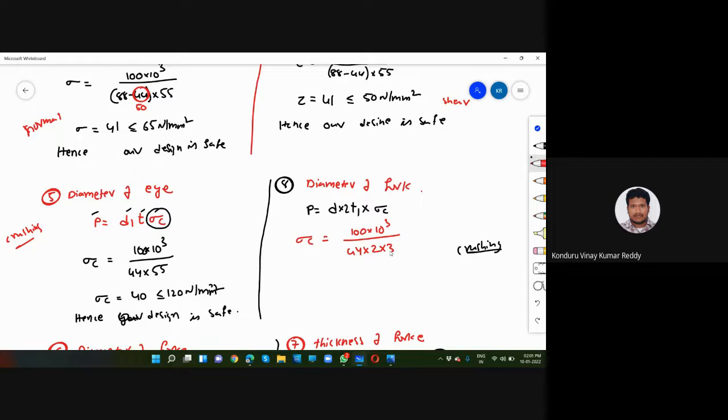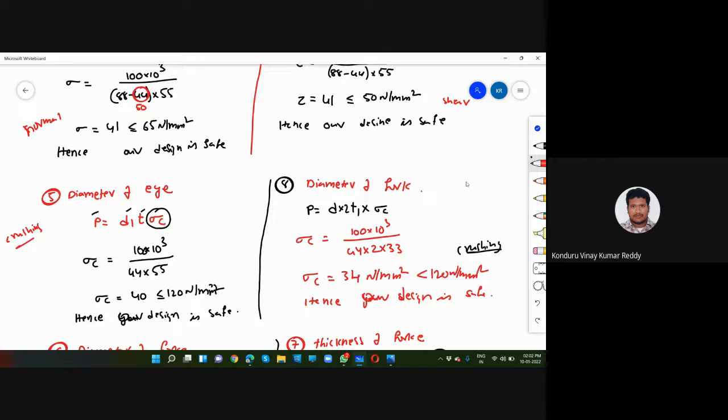I think 33. Yes. Sigma C is equal to, how much is the value? It will be around 30 or 40. 34 Newton per millimeter square, which is less than 120 Newton per millimeter square. Hence our design is safe.